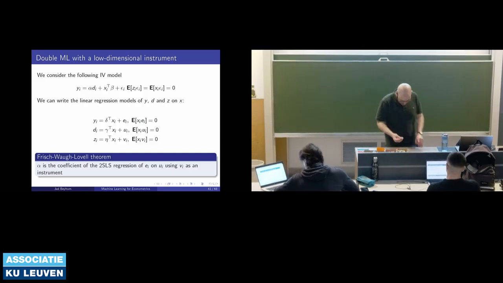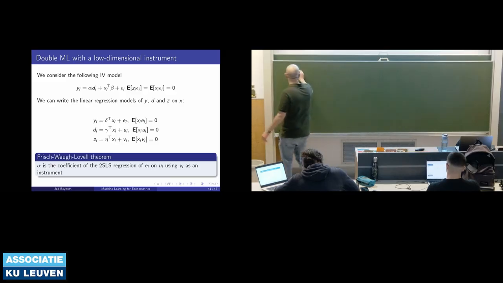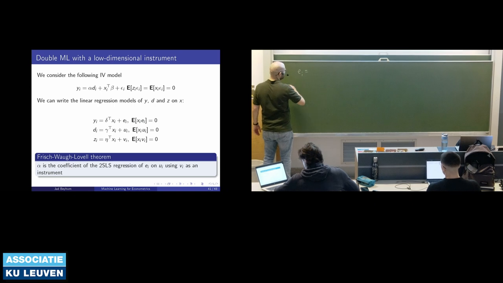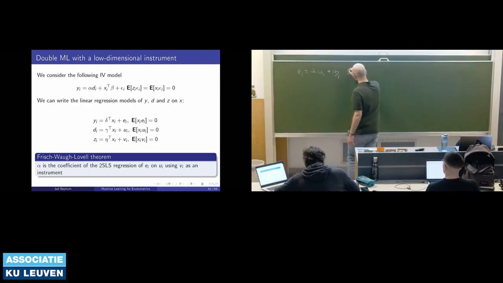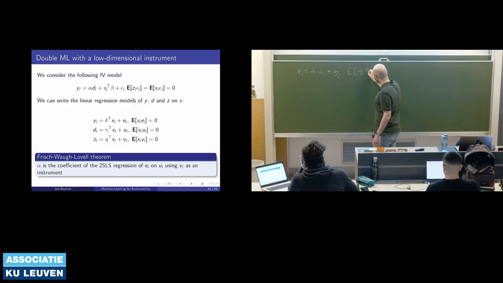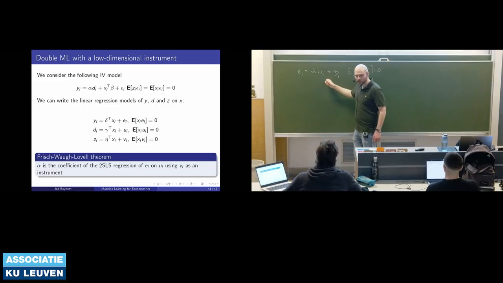So essentially what you can show is that under the assumptions of the model, if you look at the linear regression of E_i on U_i, then its error term isn't correlated with V_i.